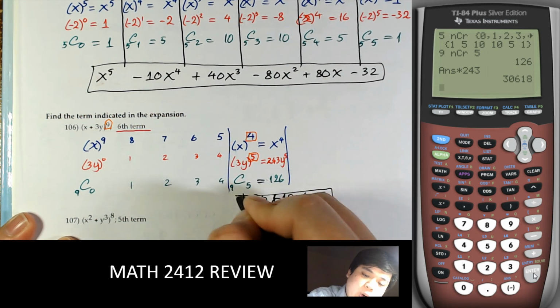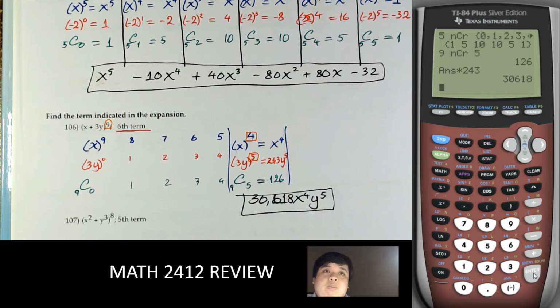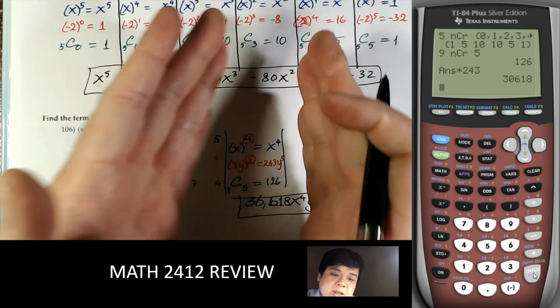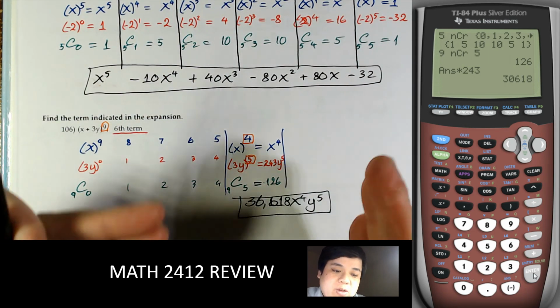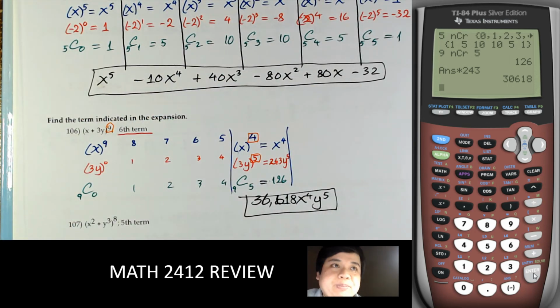So in this problem, we only want one term, which is one particular column in the binomial expansion. So the 6th column for this one.